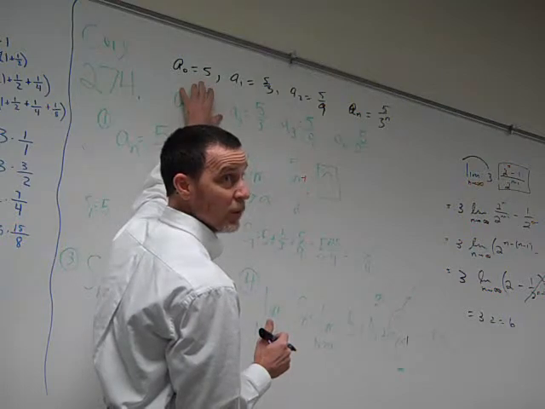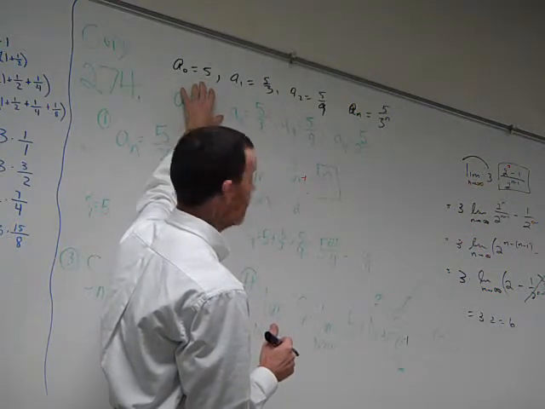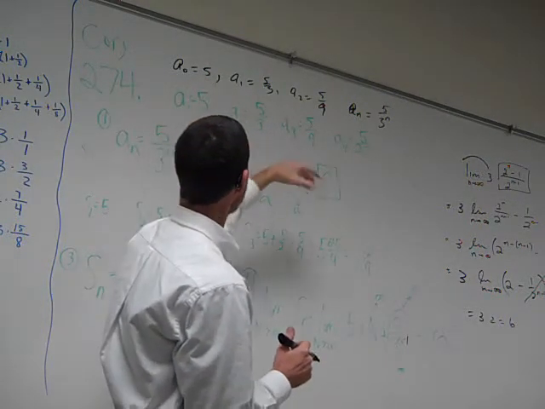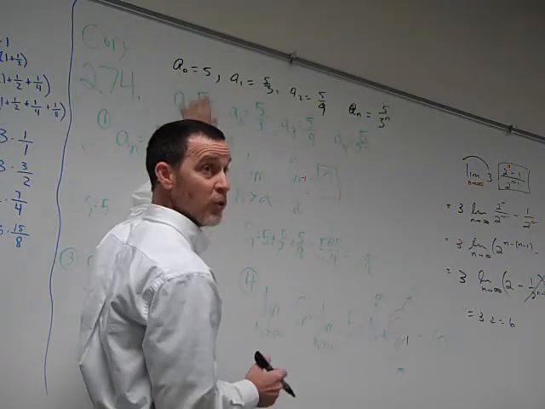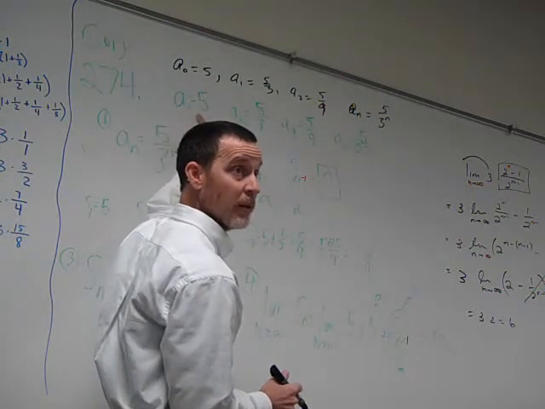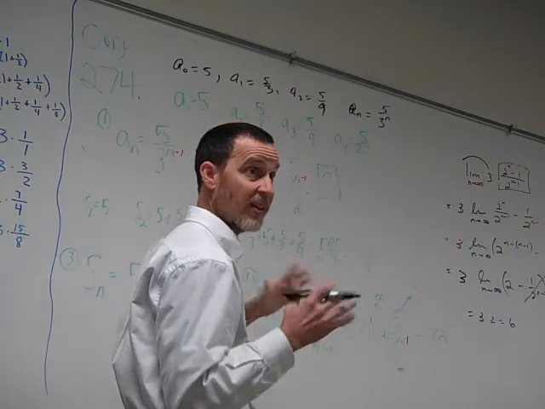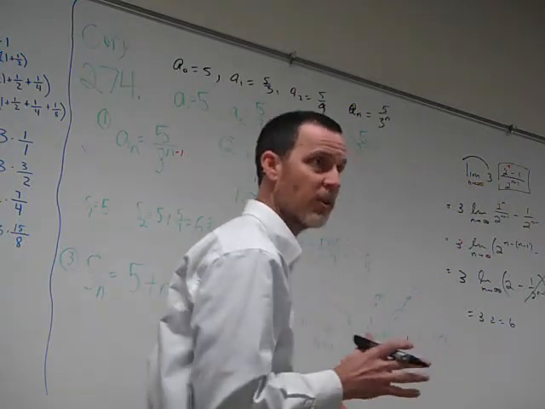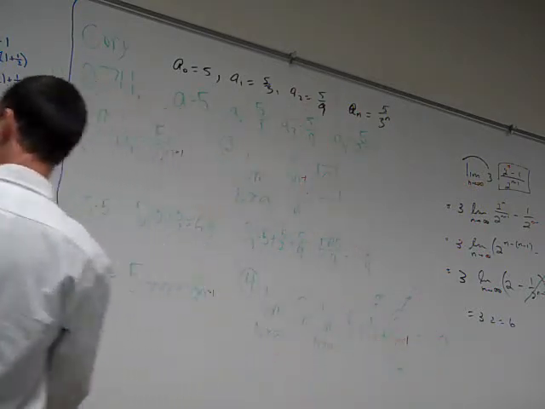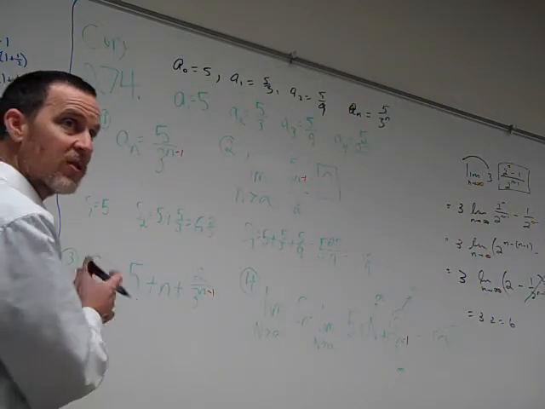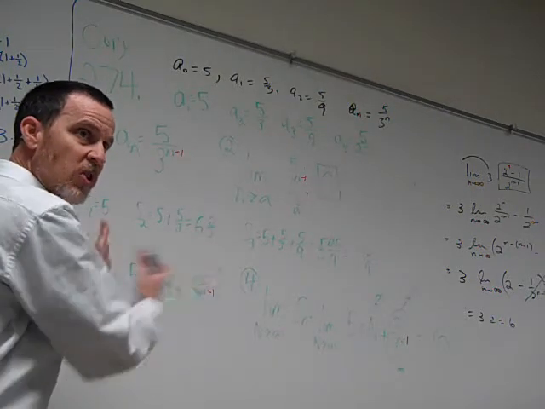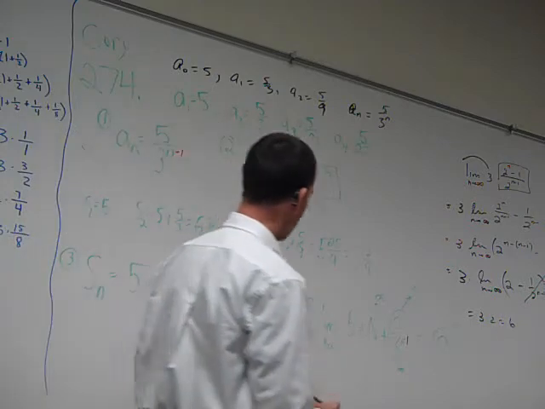You just want to ignore this one? It'll make it way easier to figure out. Well, if you ignore this one, since you're adding them all up, you can get the answer, and you can just add 5 back at the end, right? Exactly. That's fine. In fact, that's one of the tricks we're absolutely going to be doing. When they don't start where you want them to start, and we've got a formula that says they have to start at 0, we'll just adjust. That is an important idea.